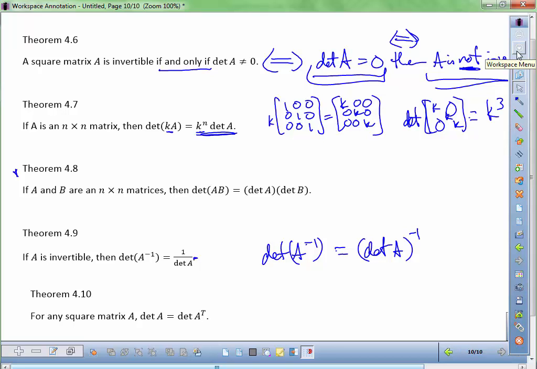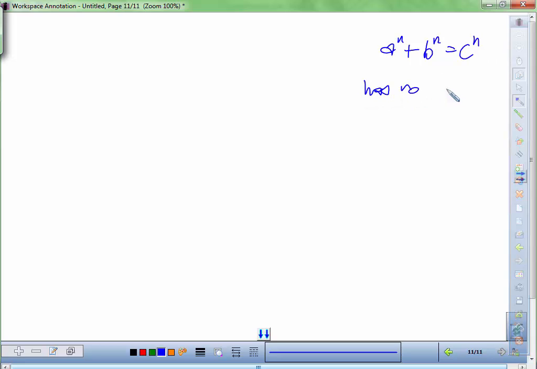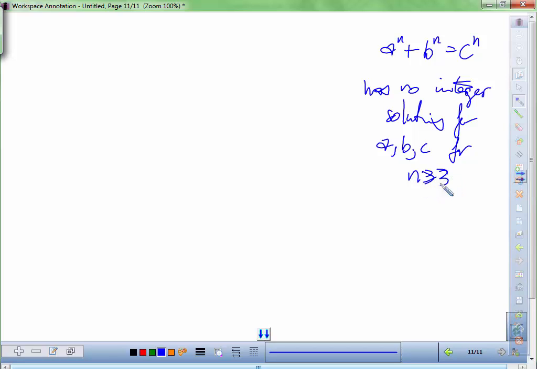So Fermat was proving this big theory on something, and then he put on the side of his margin on his work, a to the n plus b to the n is equal to c to the n has no integer solutions for a, b, c for n bigger than or equal to 3, or bigger than 2.